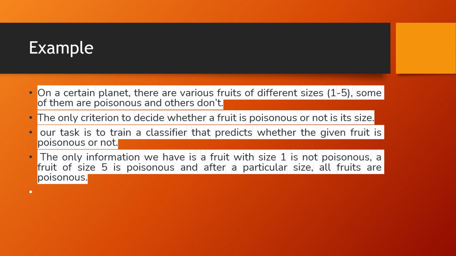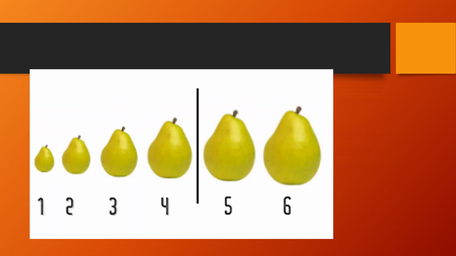The only information we have is that a fruit of size 1 is not poisonous, a fruit of size 5 is poisonous, and after a particular size, all fruits are poisonous. You can see the diagram here. Depending on the fruit size, it is categorized, and above 5, definitely it's poisonous. So we can classify like this.